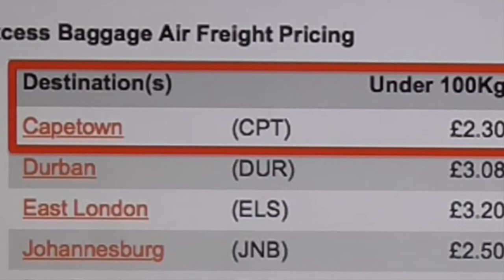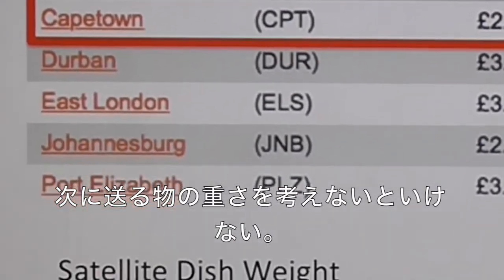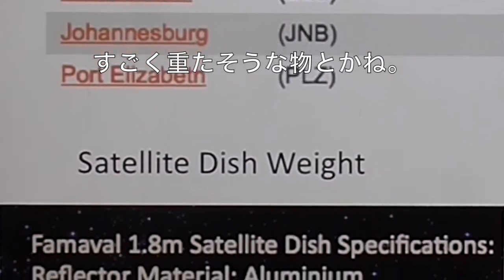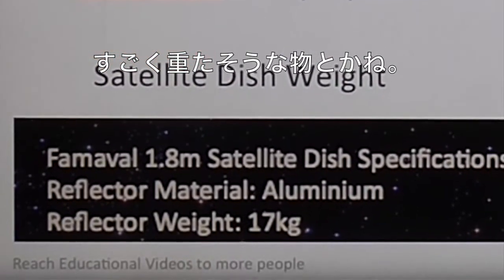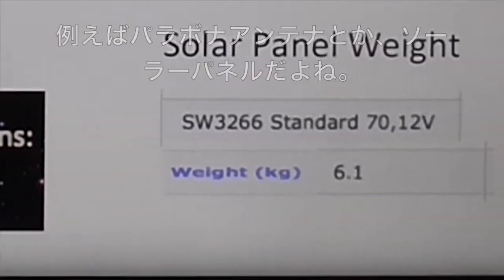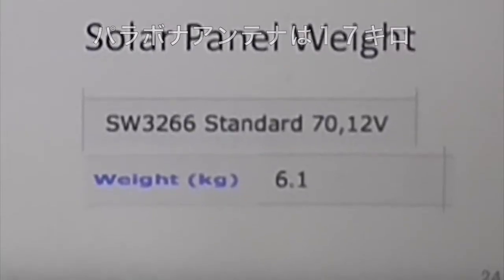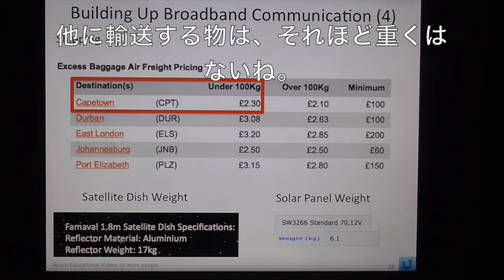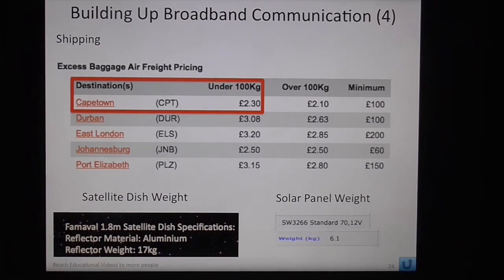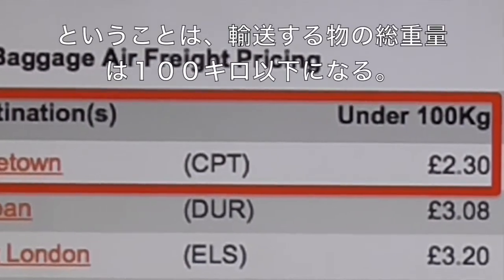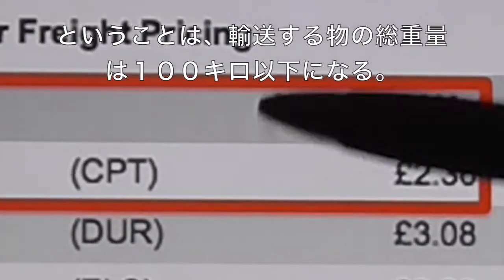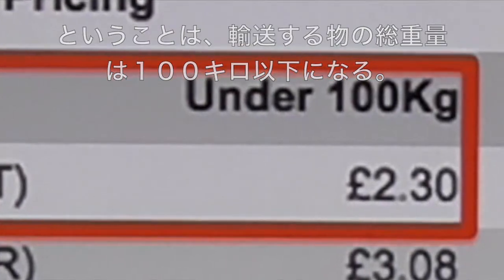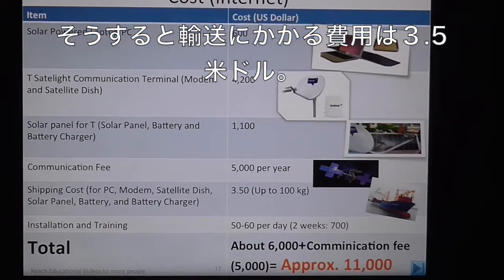So I had to consider the weight of some things that might weigh much, like the satellite dish and the solar panel. They were 17 kilograms and 6.1 kilograms. All of the rest of the things we have to ship don't have a huge weight. What we have to ship totally is under 100 kilograms. It costs $3.5.